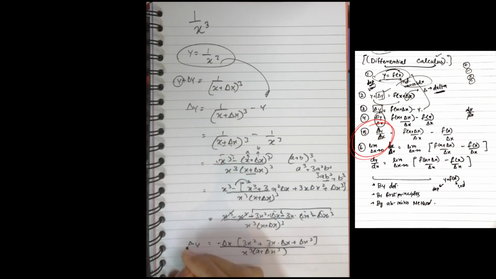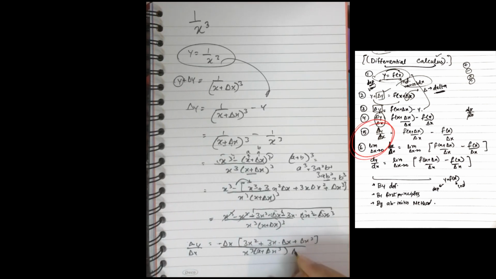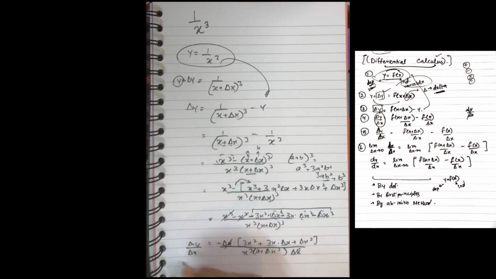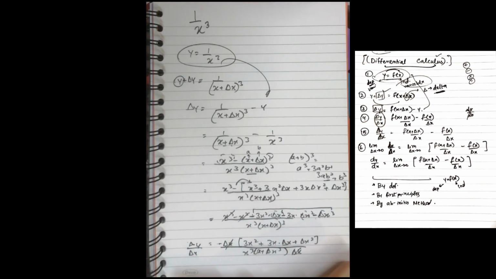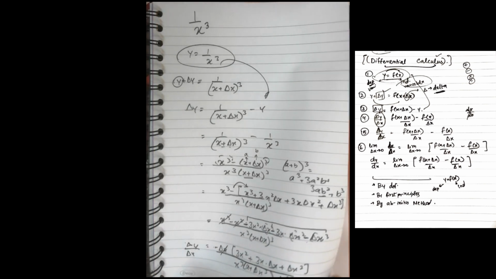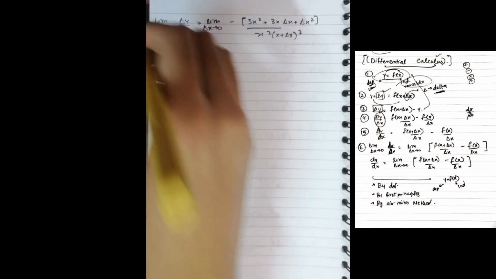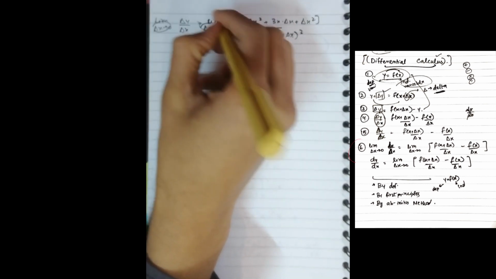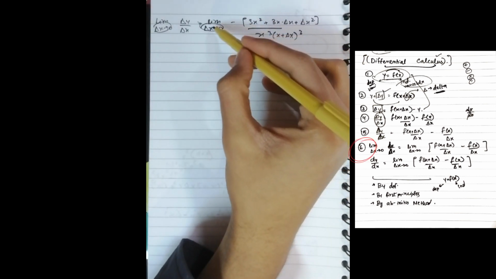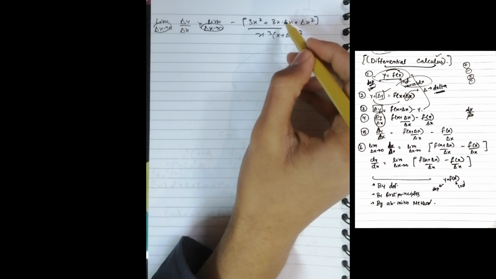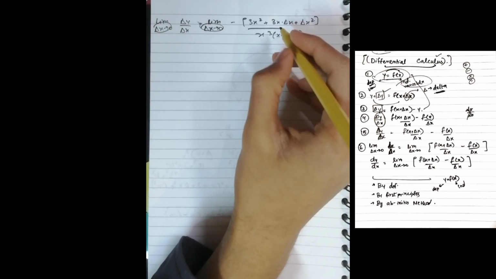Now, this is the fifth step in which we bring delta x on both sides and we divide. Now we are going to move towards the sixth and last step, and that is applying the limit, right? You can see that I have applied the limit over here, and wherever this limit is applied, we have to put the value of that limit which is given there.